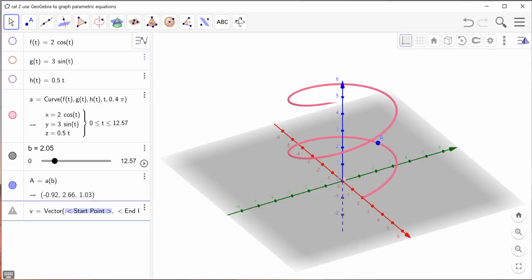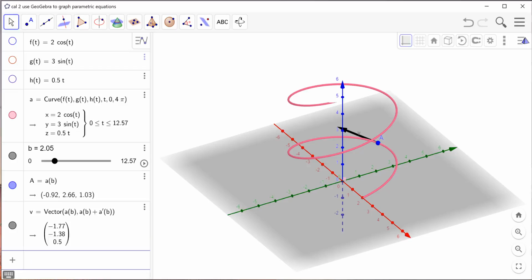The start point is at the point A, so we have small a of B. The end point is the same point, but we add the vector, which is the derivative of a evaluated at B. We know velocity is the derivative of displacement, right? So this is the tangent vector.